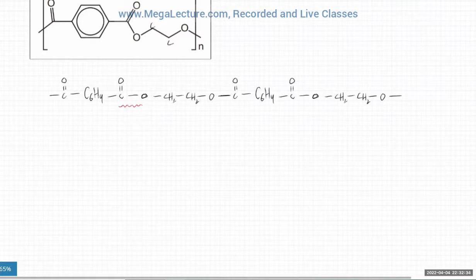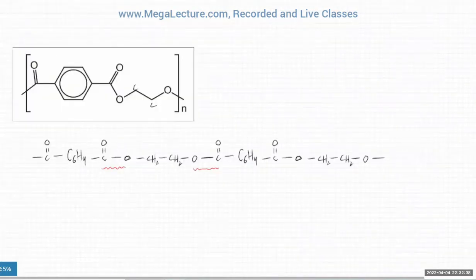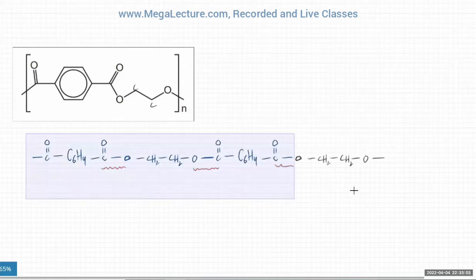Here's one linkage. Here's another. Remember, don't try to find monomers by just looking at the repeat unit. Make sure you draw at least 2 repeat units so that you're able to see the full picture of the polymer chain. Here's another ester link. So I'm going to break all these ester links and see what type of monomers I get. We're going to just do that.